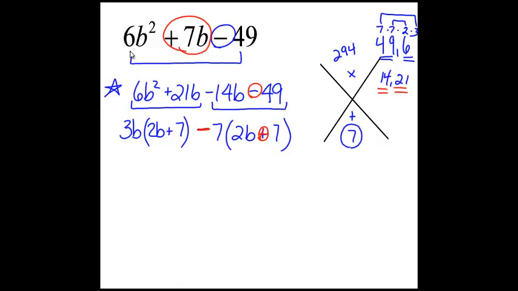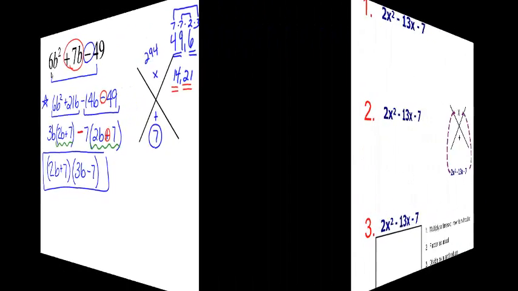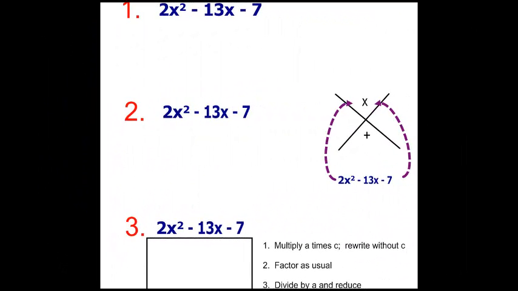This would have to be a plus. This is really nice because I have these twin binomials that then I'm going to pull out, and when I pull those out, I'm left with 3b minus 7. Ta-da! Factored.